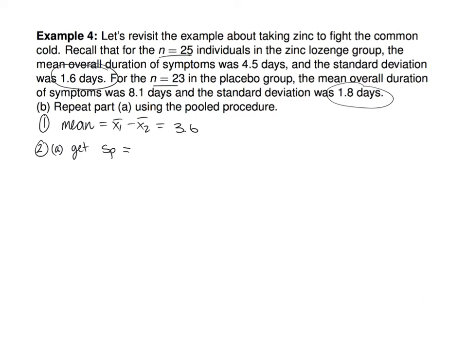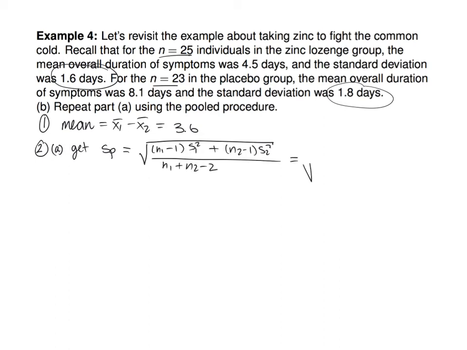If that were not the case, it would not be such an easy average. So the formula for SP is root of n1 minus 1 times s1 squared plus n2 minus 1 times s2 squared, over n1 plus n2 minus 2.